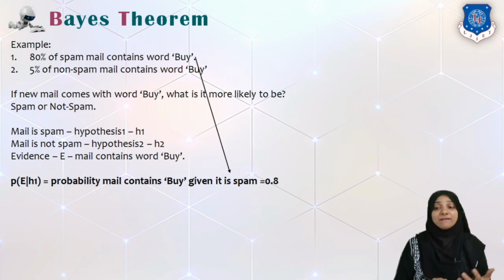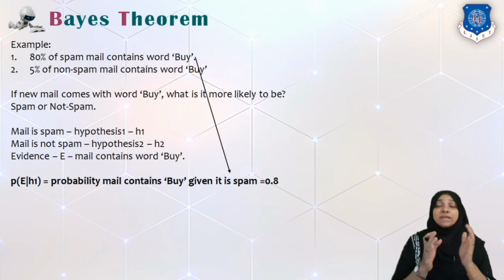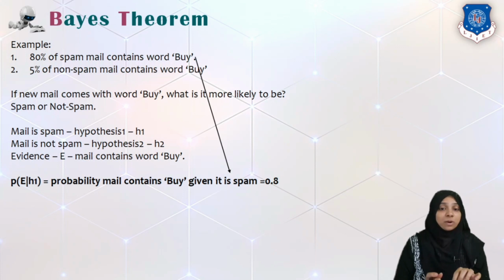Now we have two different types of probabilities. The first says that we know the mail is of spam type, but in that spam only 80% of mails contain the word "buy". So the probability of the evidence that the mail contains "buy", given that hypothesis 1 is already true, that is, it is a spam mail.